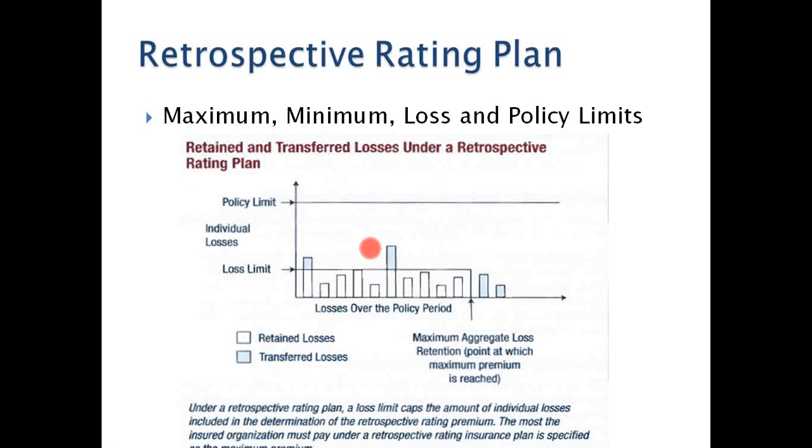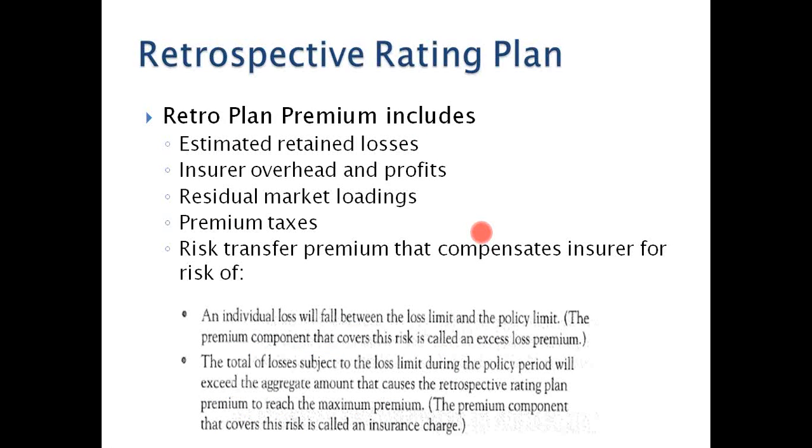So you can have a limit based upon a per loss specific, or you may have what's called an aggregate. So here's the maximum aggregate, meaning that if I have claims, once I reach the maximum point, then at some point the insurance company will then pay for these claims. So this will make more sense as we look at the other charts and probably look at numbers rather than just the graphics on this one.